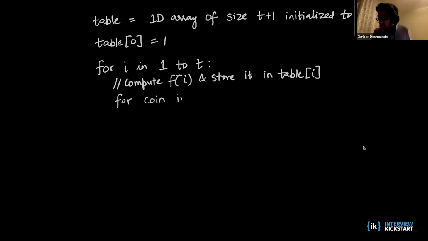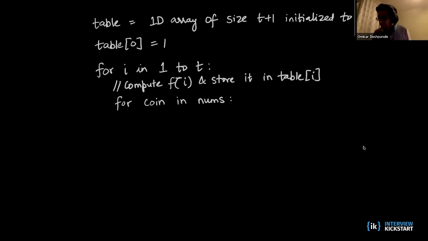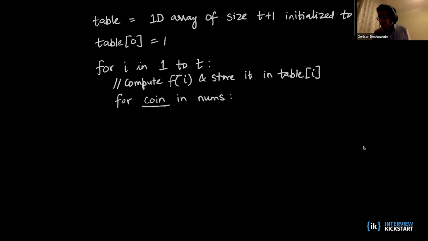For each coin in the nums array, instead of writing it as for C in range from 0 through length of nums minus 1, where nums of C would be the denomination of the coin. I hope you understand that when I write this, the coin variable is taking the value of the next coin denomination.